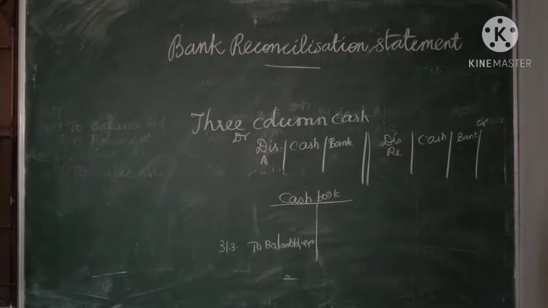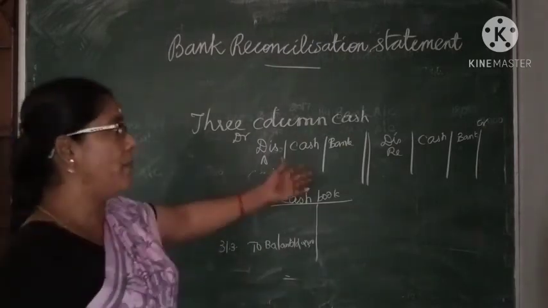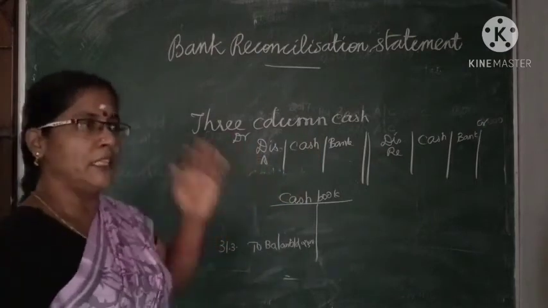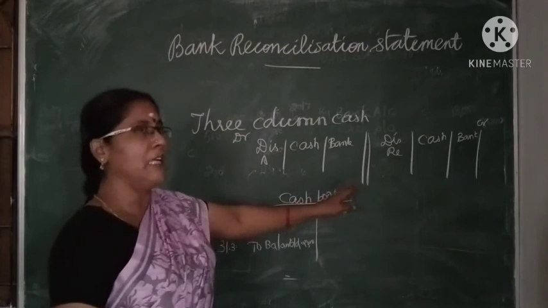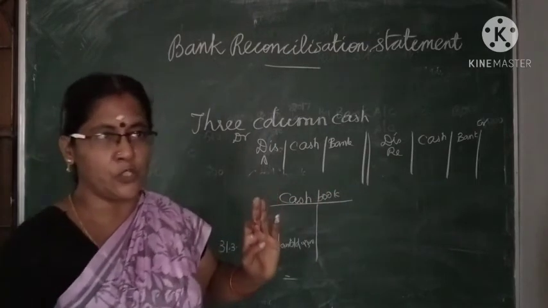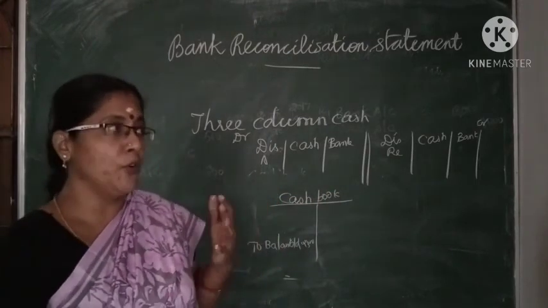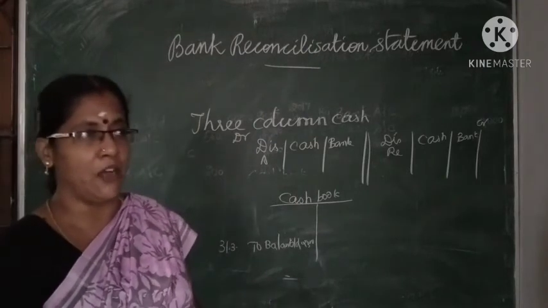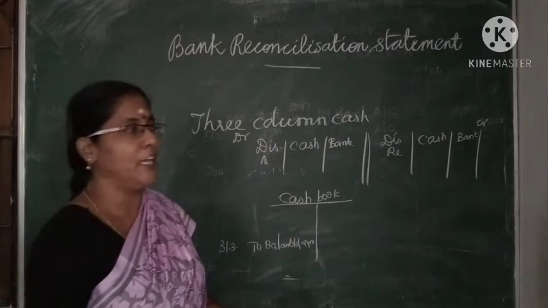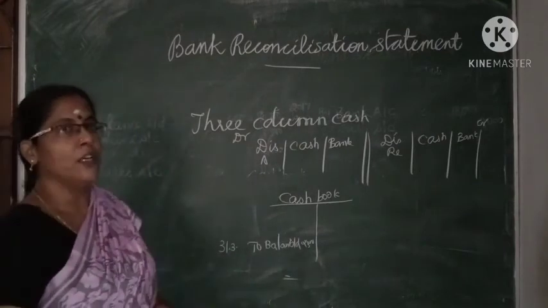Then how will you make sure? See, the cash balance you are checking in your cash book. How can you check the bank balance? In the triple column cash book, in the bank column you are checking the bank balance also. Still, if you want more clarity about the bank column, you have to check your passbook.